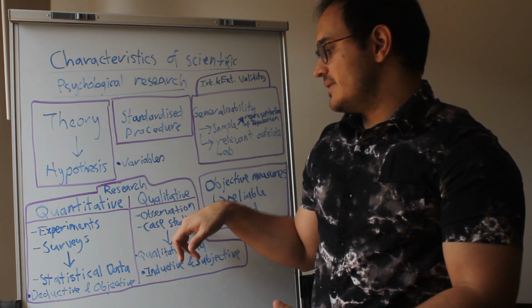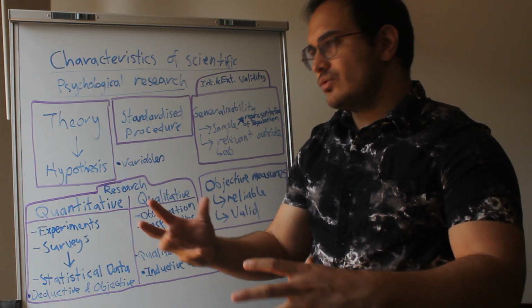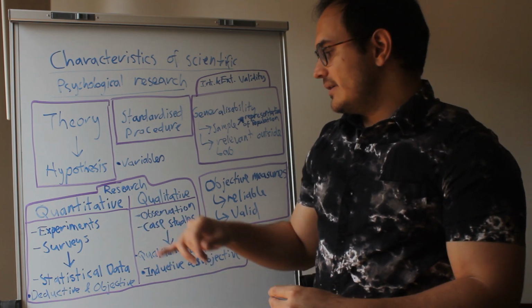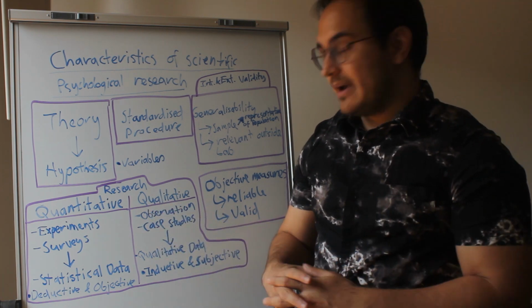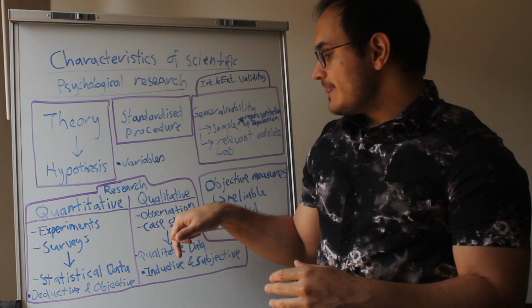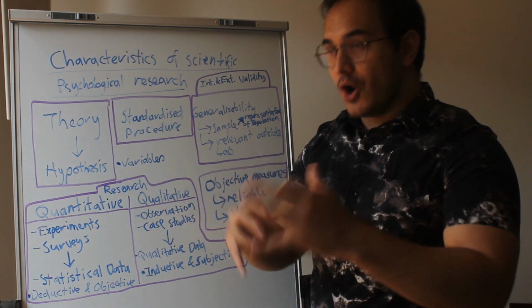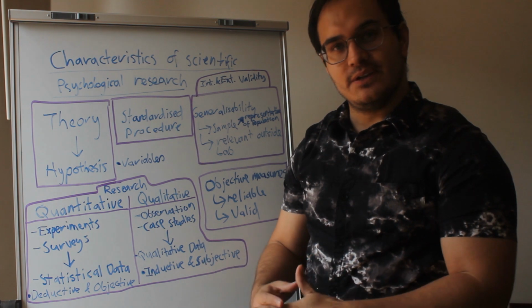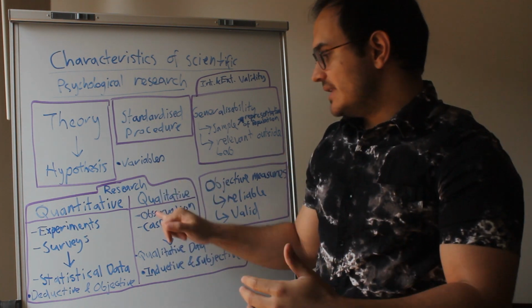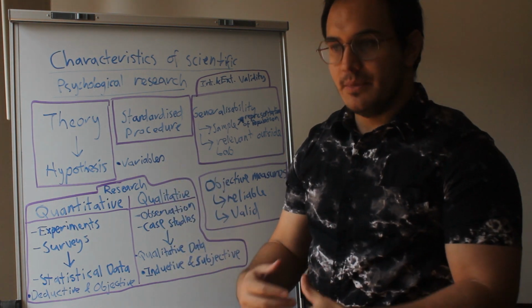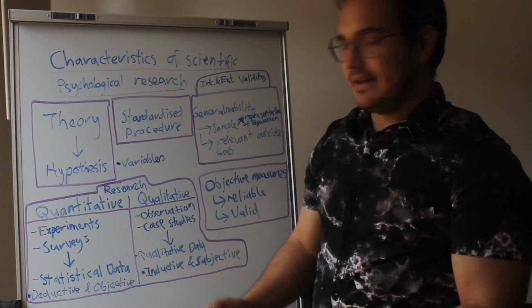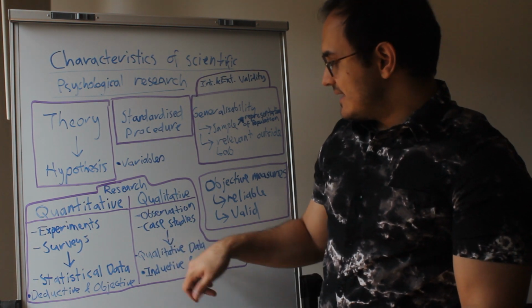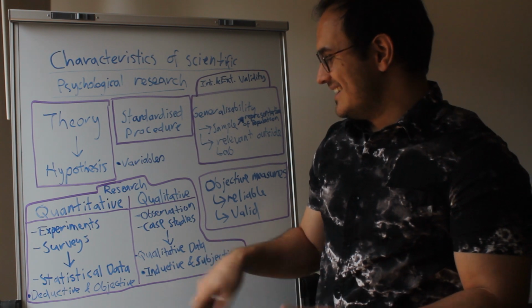Like sometimes with cross-cultural studies and stuff like that. Even Jung, actually, if you think about it, would go and visit different cultures and try to understand them psychologically through observing them, asking them about their dreams and stuff like that. That's an example of case studies. There's definitely subjective judgment going on there.